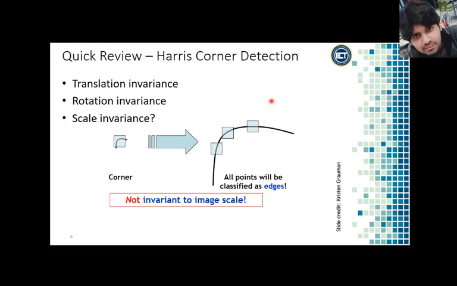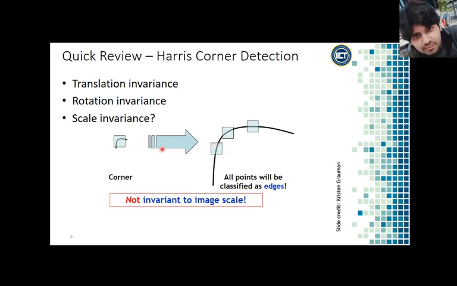But the problem is with scale invariance. If you scale a particular curve like this, here we have the corners, so we can detect the corners, right? But if we scale it, we can only detect the edges, so there are no corners. And this will create a problem when we consider matching the image, because a certain type of corners would not be detected in another image if it is a scaled version of it.